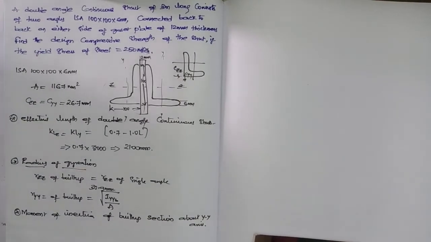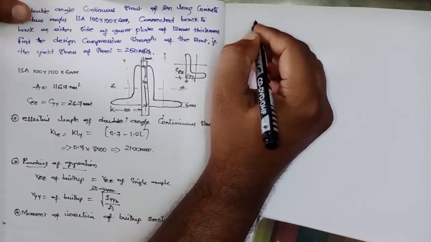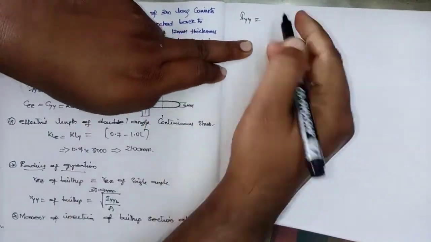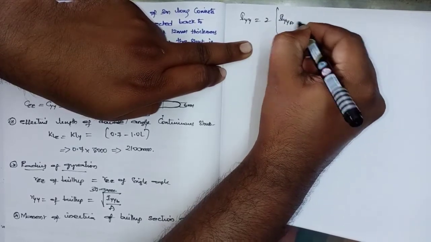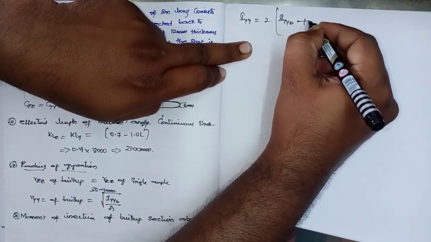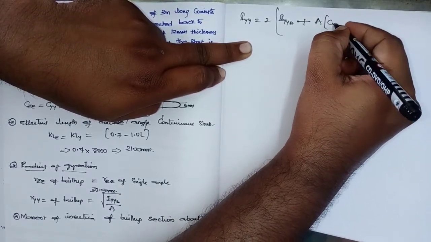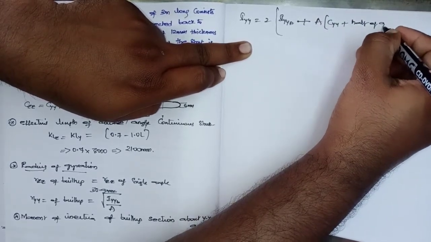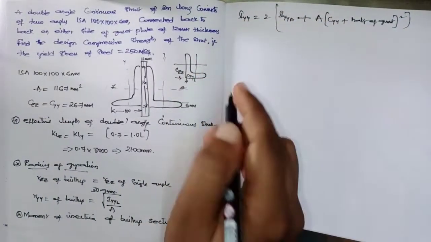Iyy of built up equals, how many angles are there? 2 angles, so 2 times Iyy of angle plus area multiplied by (Cyy plus half of gusset thickness) square, that is Ig plus A h square.